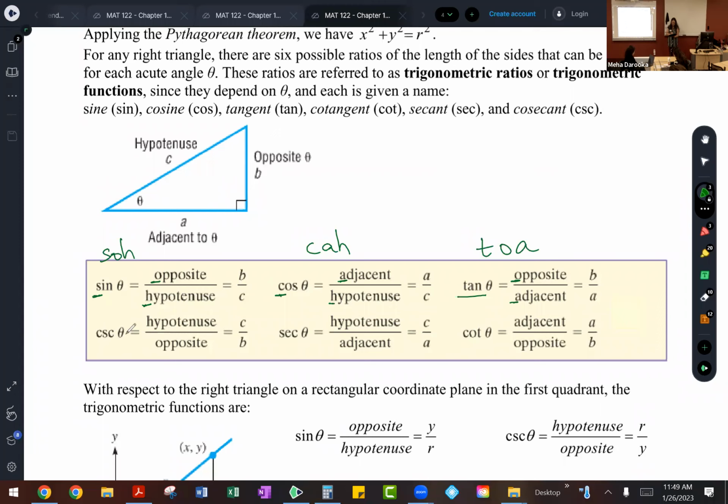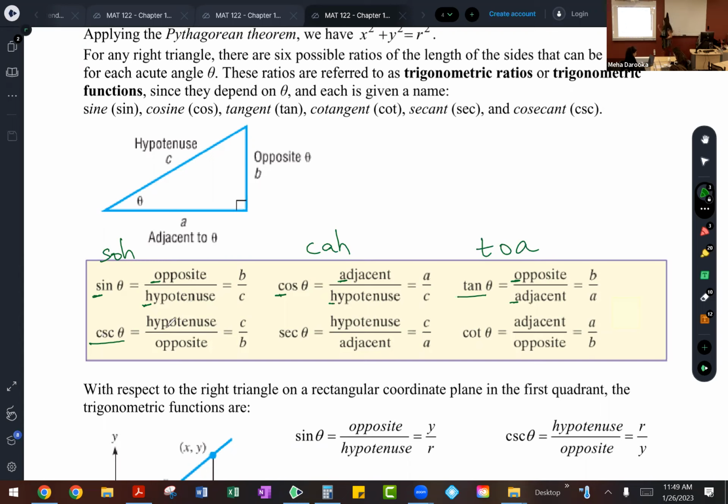And then basically, reverse the order of the functions when you're looking at the reciprocal functions. So cosecant, instead of being opposite over hypotenuse, will become hypotenuse over opposite.